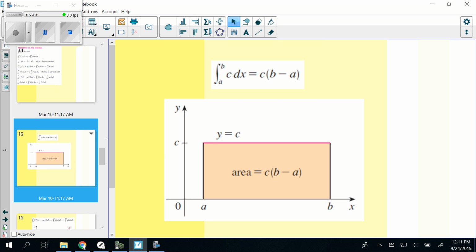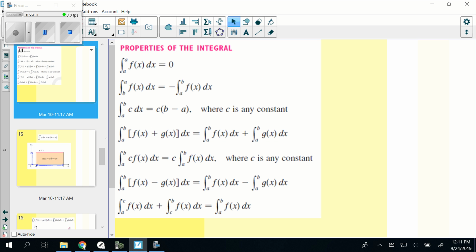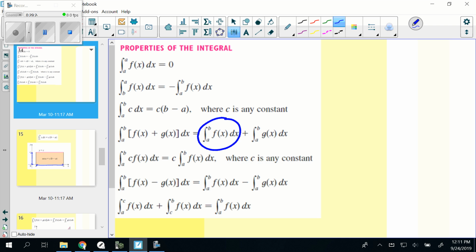If you just have a constant function and you want the area underneath, the height is going to be c, and the width would be b minus a. So it's just going to come out to be a rectangle. If you're adding or subtracting functions, remember you can break those up into separate integrals, either being added or subtracted here if you're subtracting them.